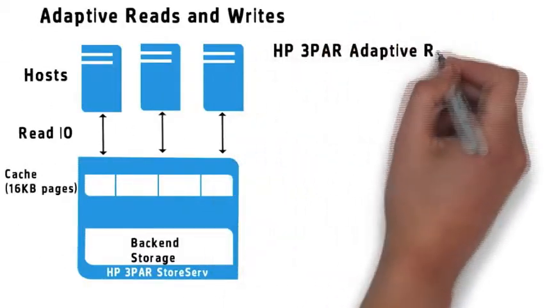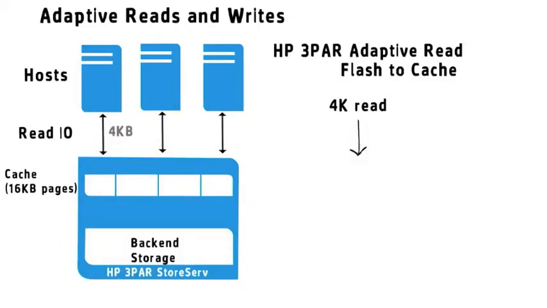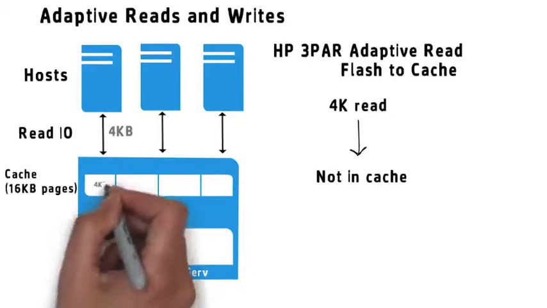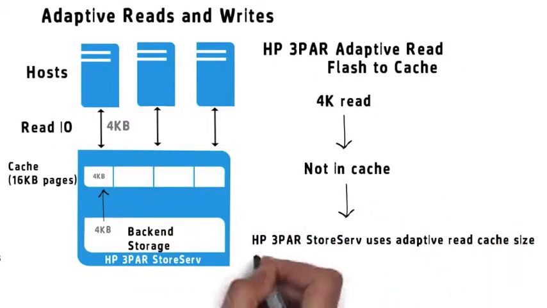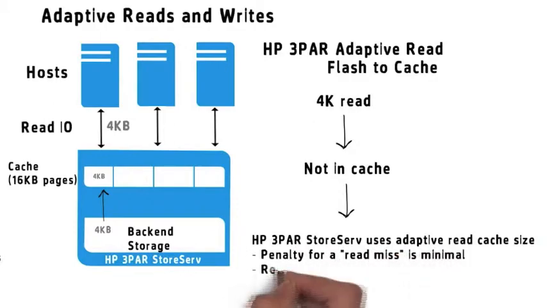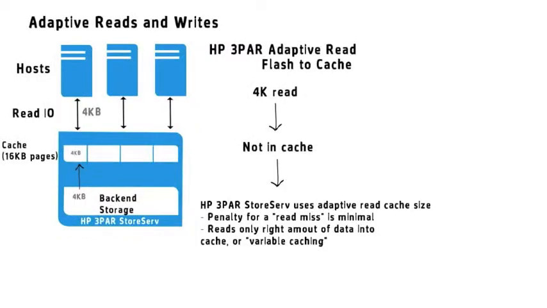Now let's look at how adaptive reads work. Again, we look at a 4K read that's not in cache. With flash media, reads are extremely fast, so no spinning mechanical parts, and the penalty of a read miss is minimal. HP 3PAR StoreServ 7450 reads only the right amount of data into cache. There are two main benefits: optimized read latency.